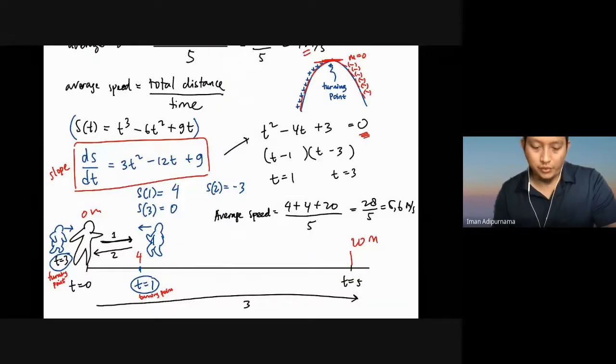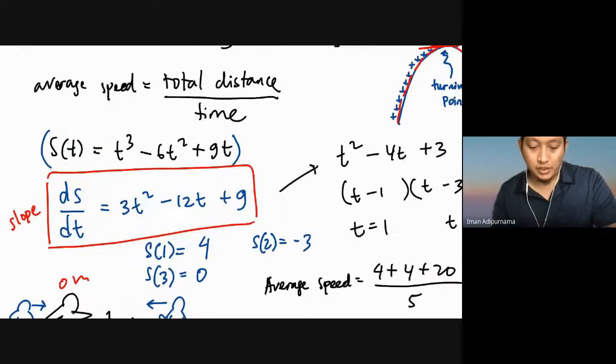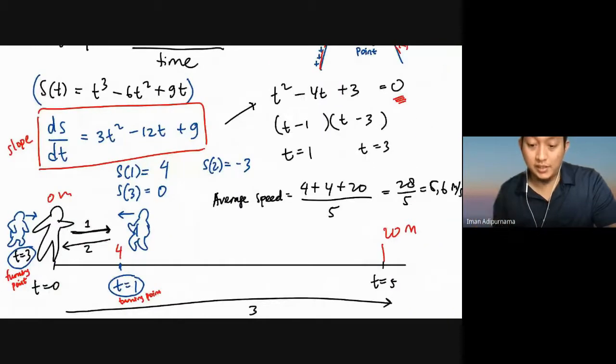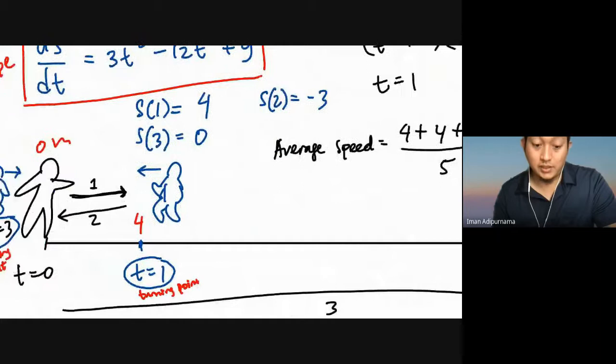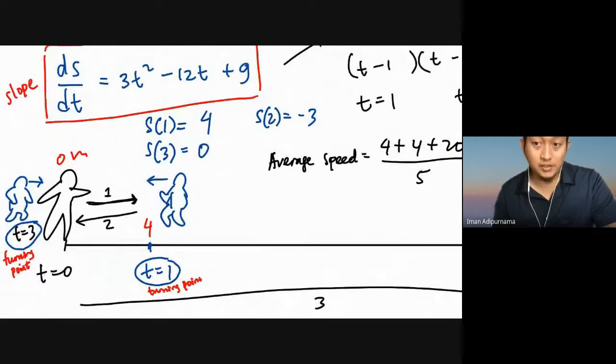If you look at the graph or the curve, t cubed minus t squared plus 9t, I believe you already guessed the graph, which has a cubic formula. Maybe it can be like that. So you have this and this as your slope.